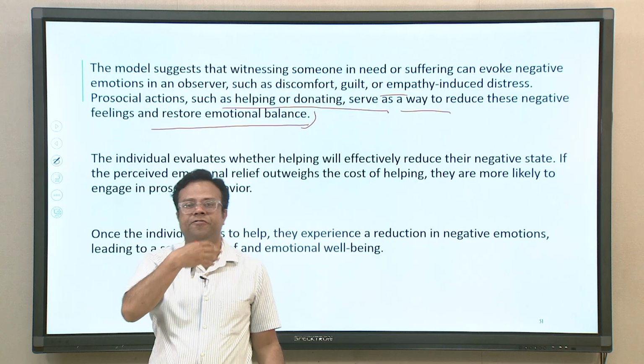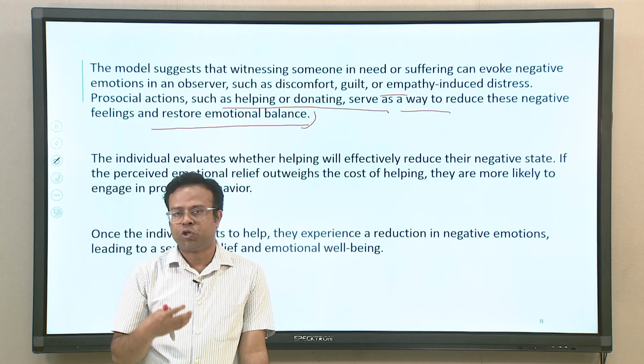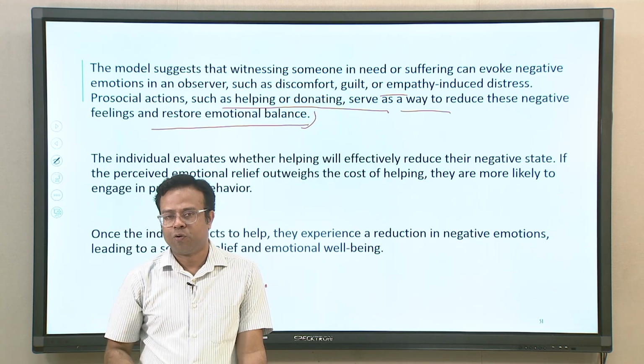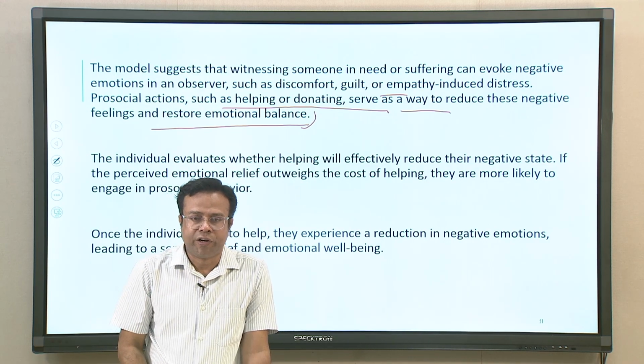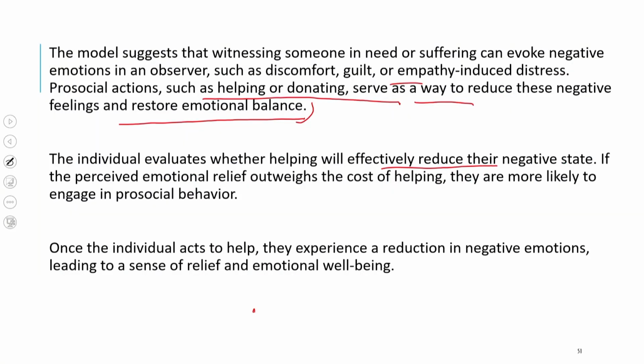So, people may engage in prosocial behavior to reduce or remove whatever guilt, discomfort and distress they experience. The individual evaluates whether helping will effectively reduce their negative state. If they perceive that emotional relief outweighs the cost of helping, they are more likely to engage in prosocial behavior.